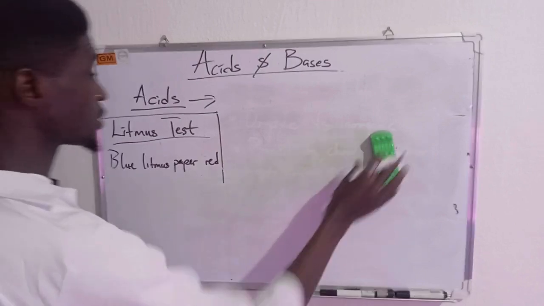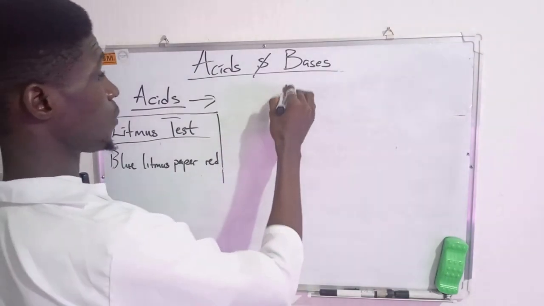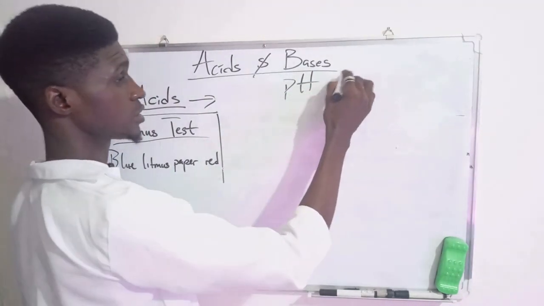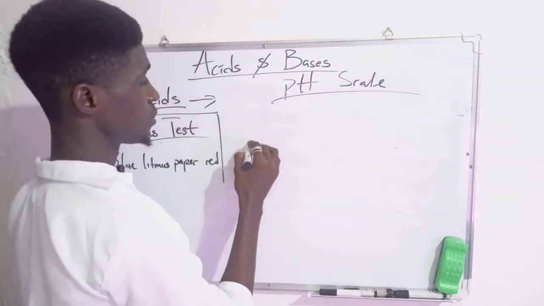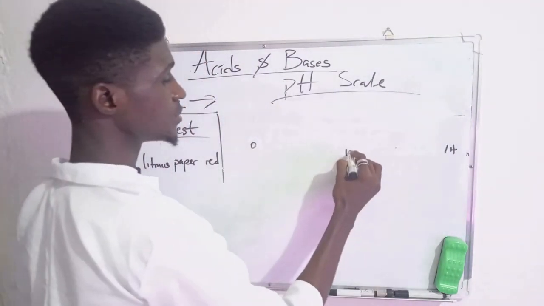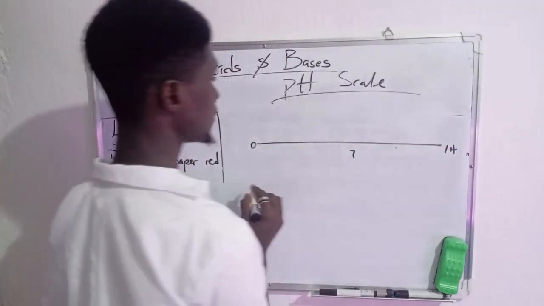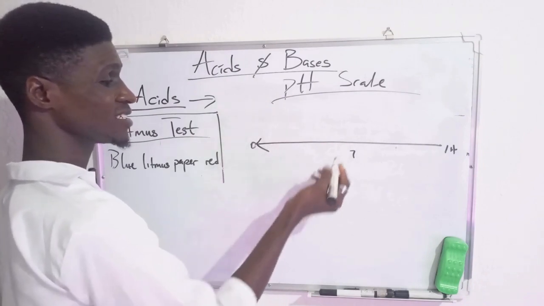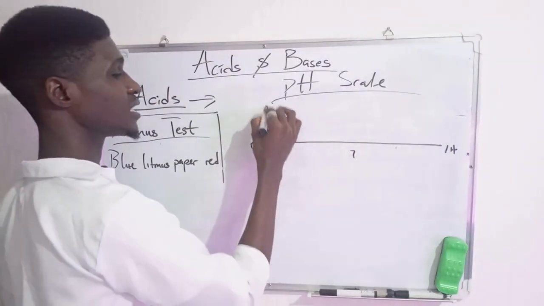Another test for acid is using a pH scale. The pH scale is numbered from 0 to 14, where 7 is the middle. Going in this direction, the substance increases in acidity.